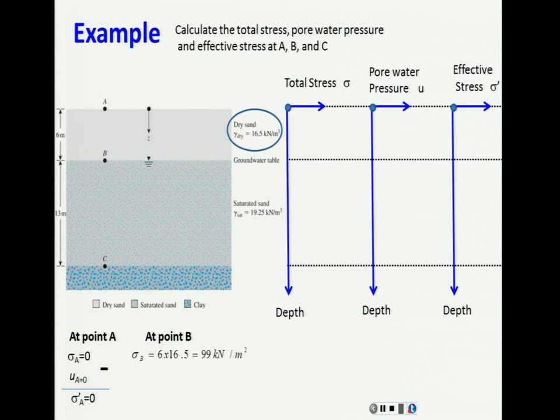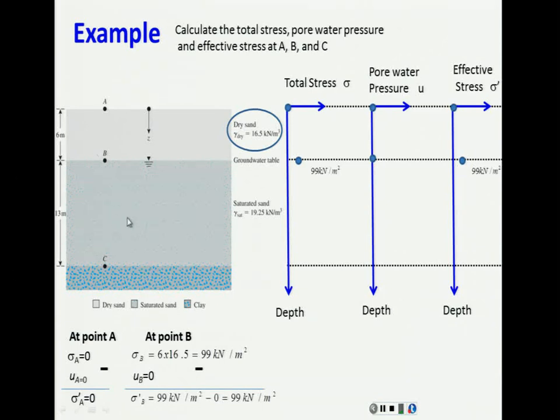It's not 6. There's no water here, so the pore water pressure is 0 at that point. Then, to obtain the effective stress at B, we subtract this minus this, and we get the effective stress at the point B. And we plot our 3 corresponding points here, here, and here.